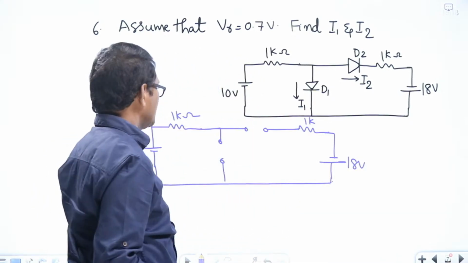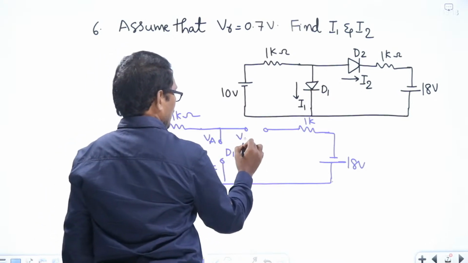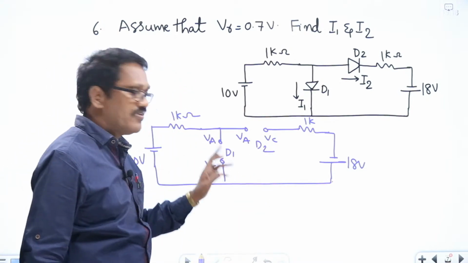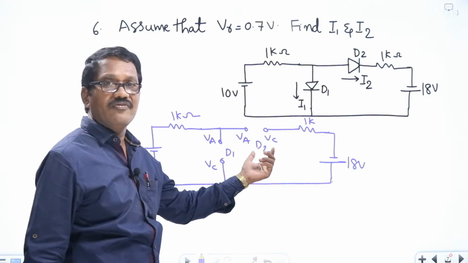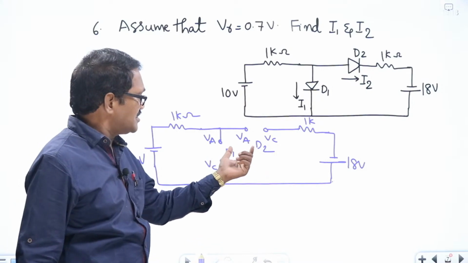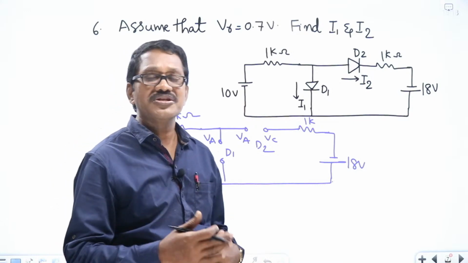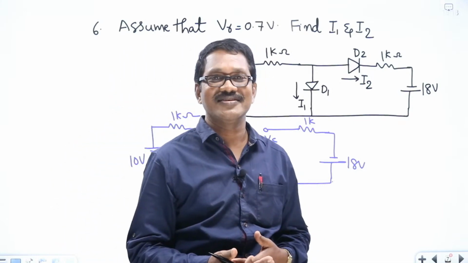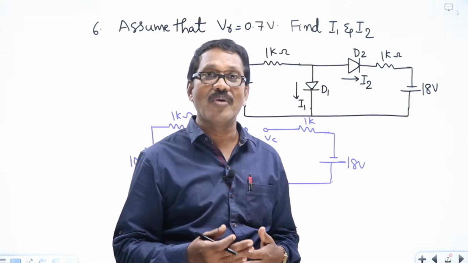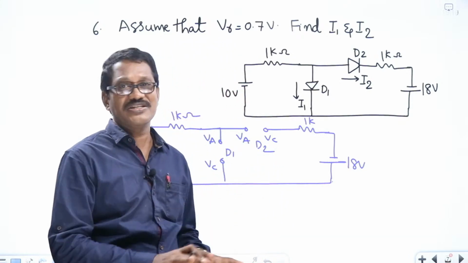Now calculate VA minus VC for D1, and similarly calculate VA minus VC for D2. Observe which diode is more heavily forward biased. The diode which is more heavily forward biased will become on first, and the other diode is in off state only.